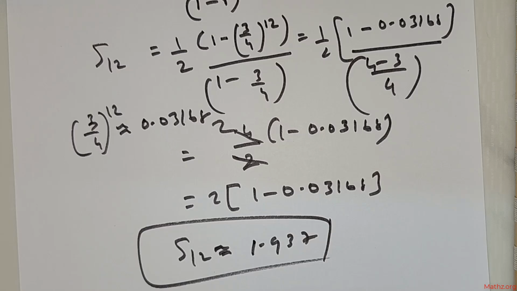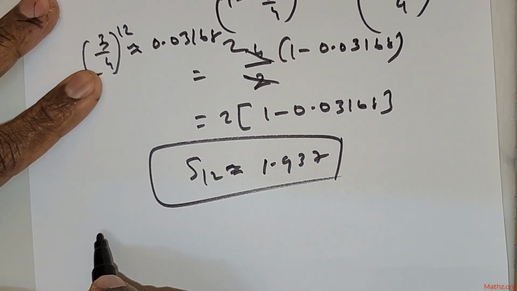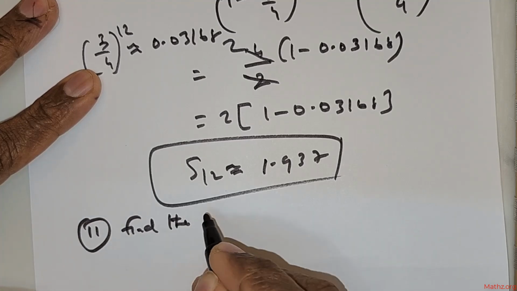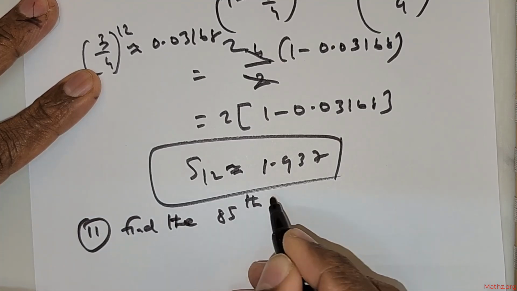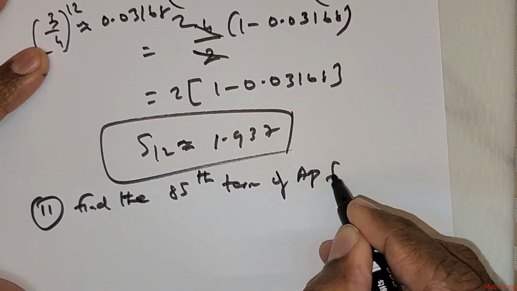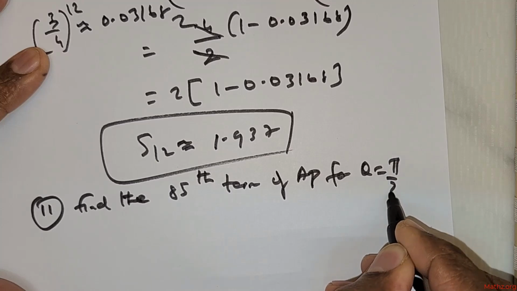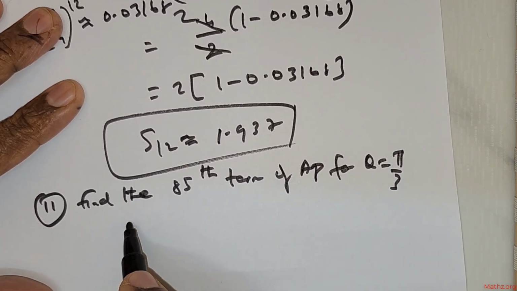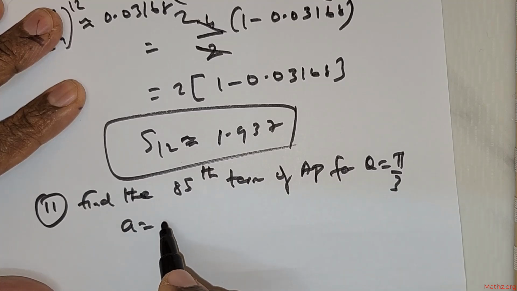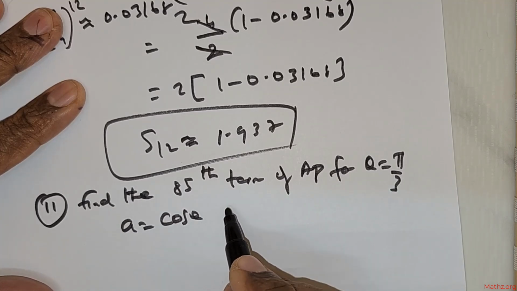Now the next part is we have to find the arithmetic sequence. So find the 85th term of the AP for theta equal to pi over 3. Now we all know the a value we have already substituted. That's the first term, cos theta.